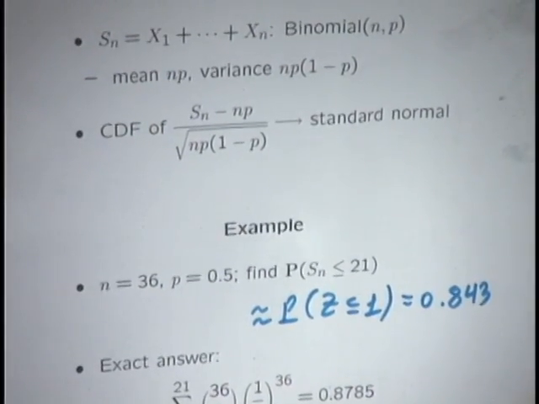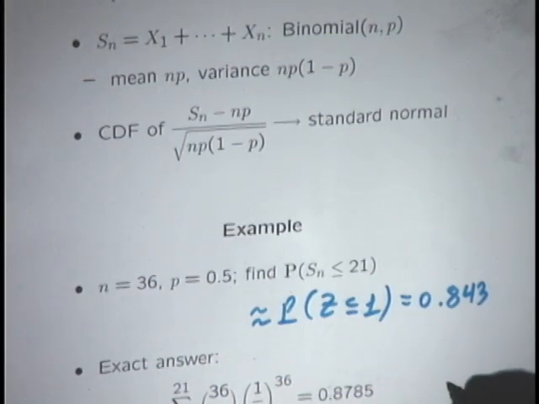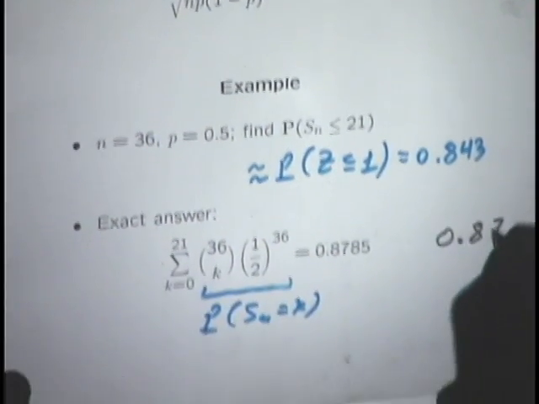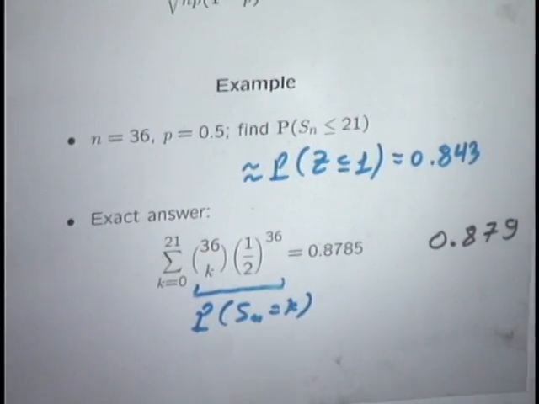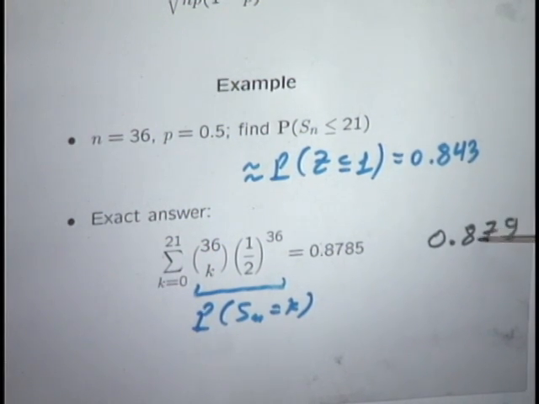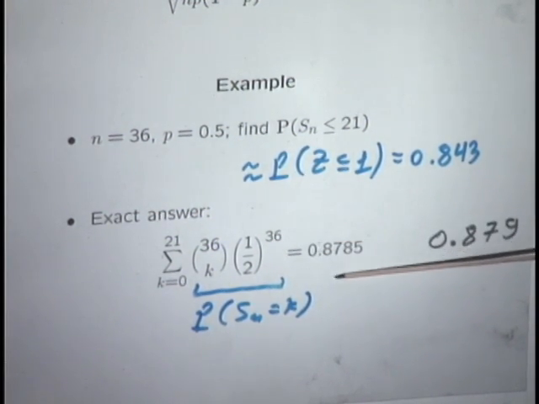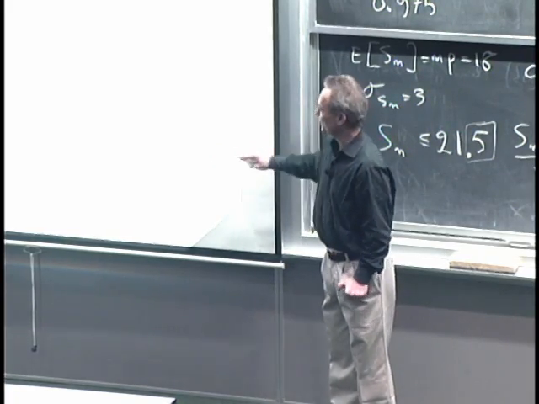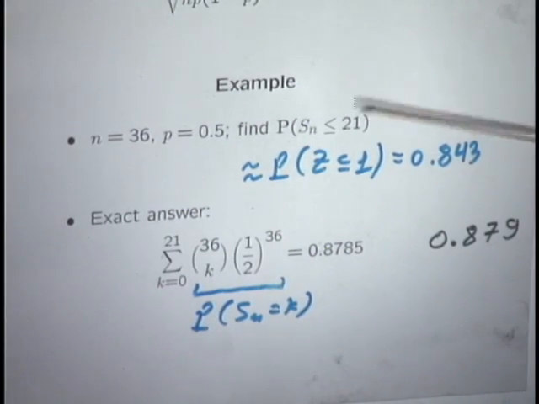Going back to the previous slide, what we got this time with this improved approximation is 0.879. This is a really good approximation of the correct number. This is what we got using the 21.